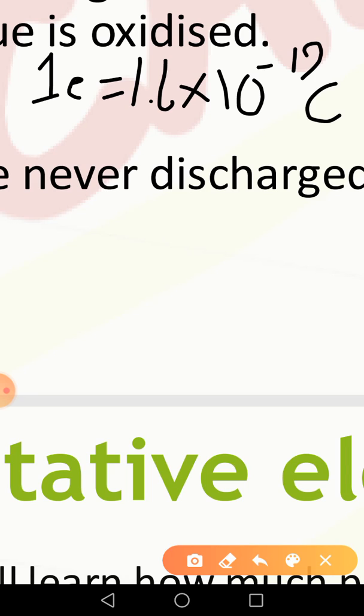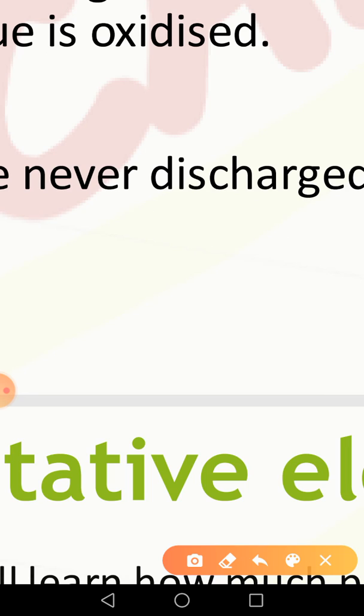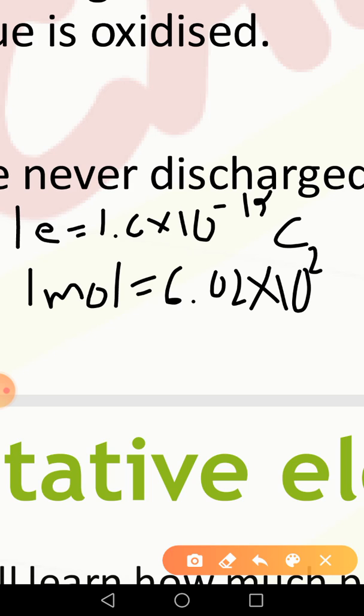Now tell me, how many electrons or protons are there in 1 mole? 1 mole is equal to 6.02 into 10 to the power 23.